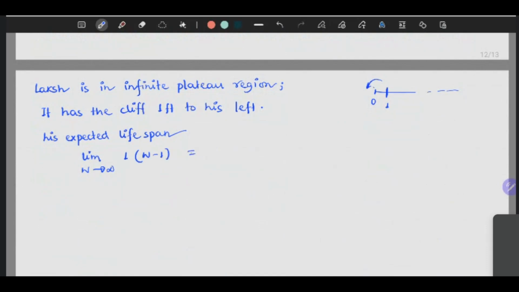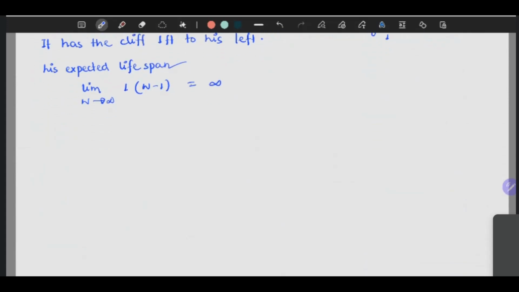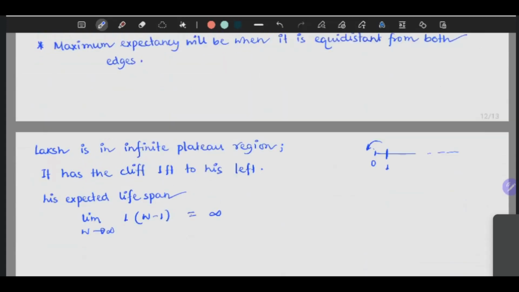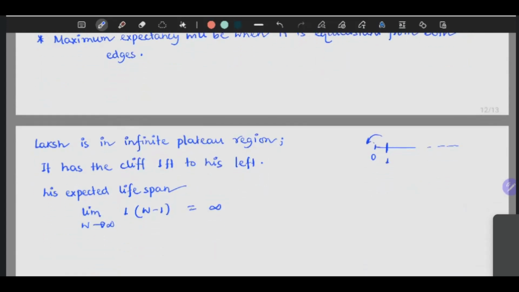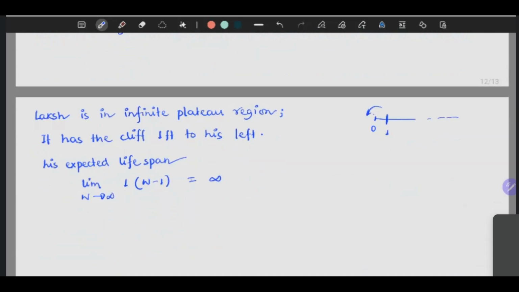If W tends to infinity, then it becomes infinity. So here you can see, although there is probability 1 of falling into the cliff, its expectancy is infinity.